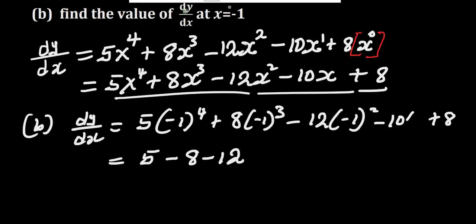So this is -1, and -1 times -10 is +10. So we have +10 plus 8. So 5 minus 8 is -3. -3 minus 12 is -15. -15 plus 10 is -5. -5 plus 8 is 3.